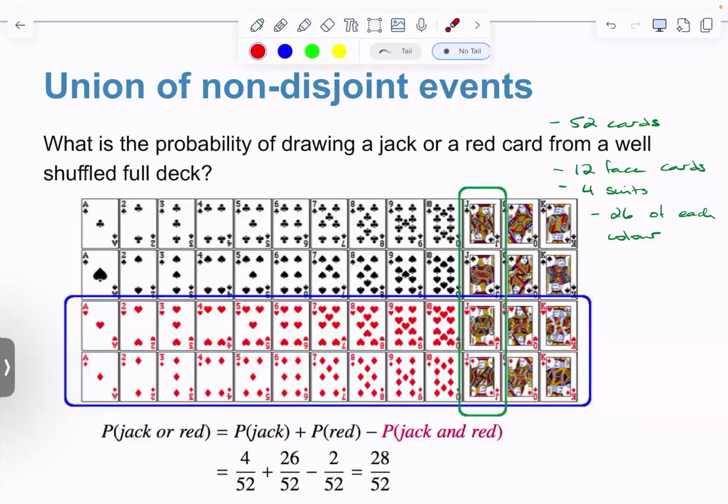From this information, why would we care about this? What's the probability of drawing a red card? It'd be 26 out of 52, so the probability of drawing a red card is 26 out of all of them, 52, which is going to reduce to 1/2. What's the probability of drawing a face card?